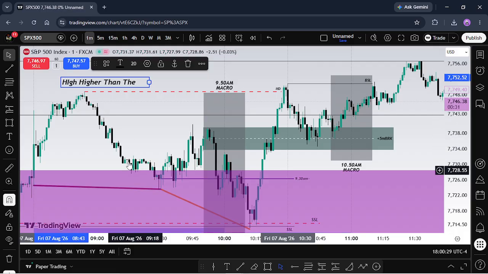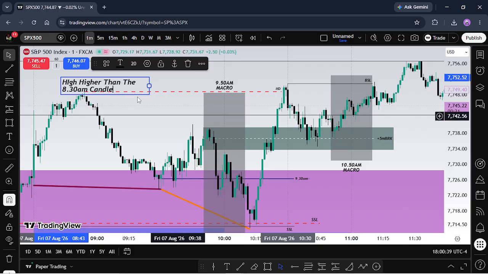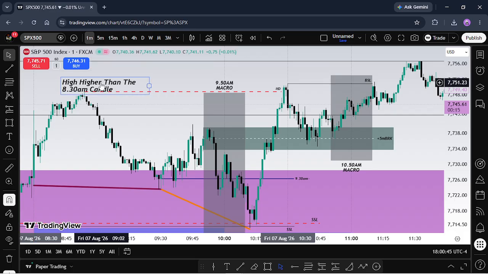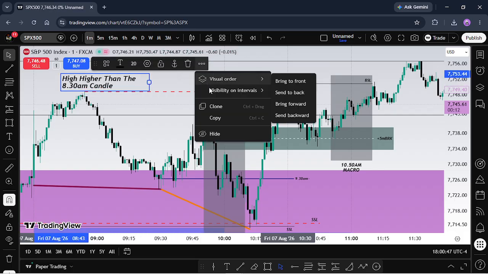If you took this, it was beautiful. The 830 candle. I'm writing the forward candle, right? Let's remove that and put a small letter. Higher than the 830 candle.